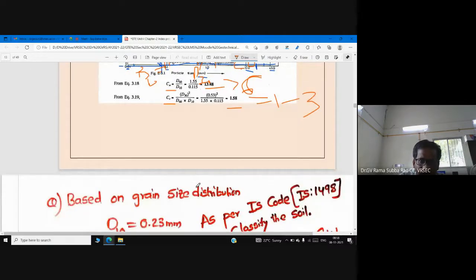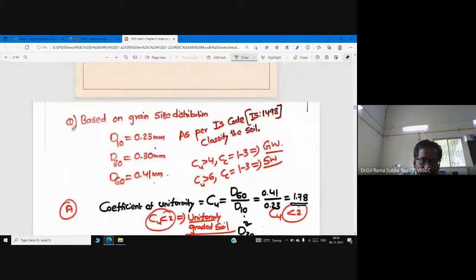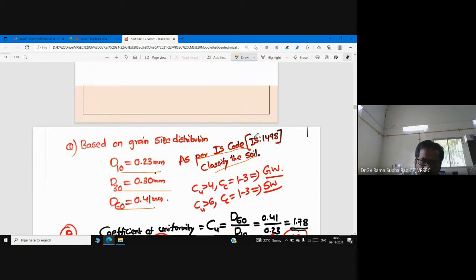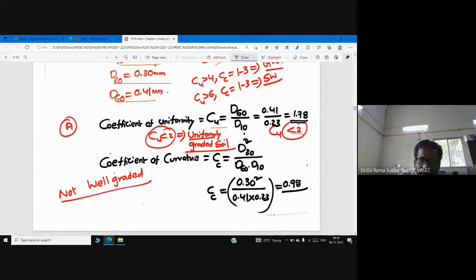Now I will show you another example. It appeared in our VR examination. Based on the grain size distribution, D10, D30 and D60 are given clearly in the question. As per IS code, classify the soil. Here I got Cu less than 2, and Cc is 0.95.